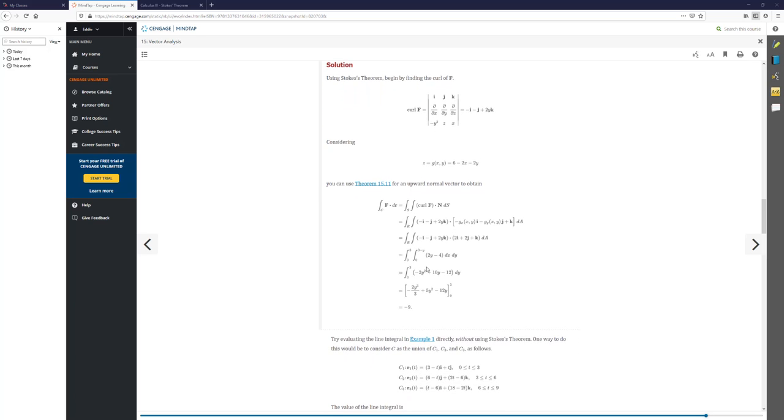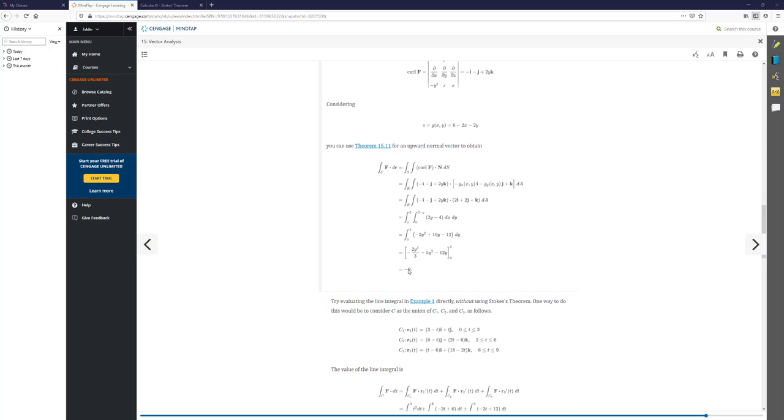But notice as we go down here, we have to transform this over to dx dy or dy dx so we can get some boundaries. Sometimes it's better to change it into polar, but here it was easier just to use dy dx as our dA. Then we got the answer of -9.